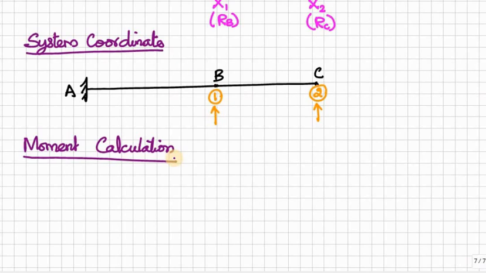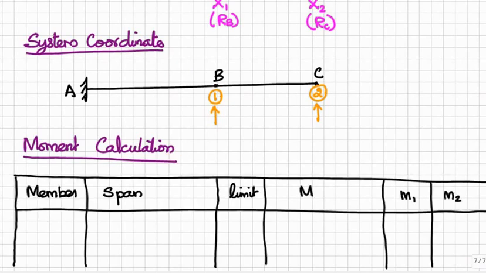So the next step is to calculate the moments. This is the table for the moment calculation purpose. The first column is number, the second one is span, that is the member span. The limit is the end and start point of the span.